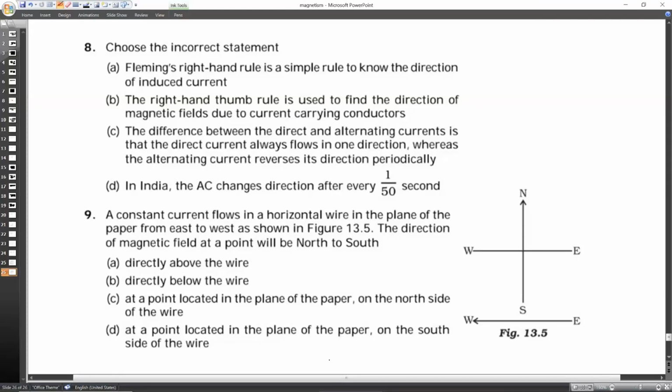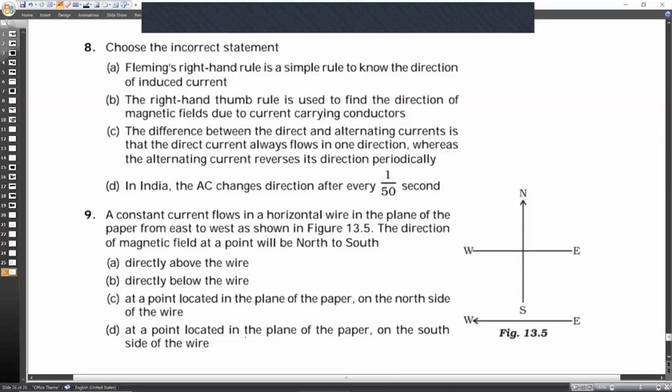So is the answer D? At the point located in the plane of the paper on the south side of the wire.